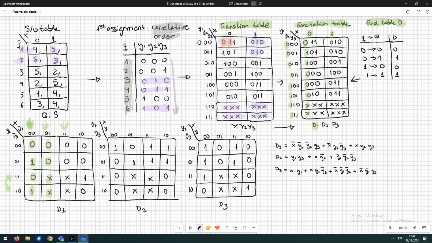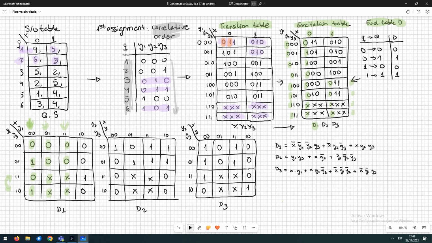X is 1 here and Y1 is 1 in these rows. So the value of D1 in those cases is 0, 0, X, X, 0, 0, X, X.